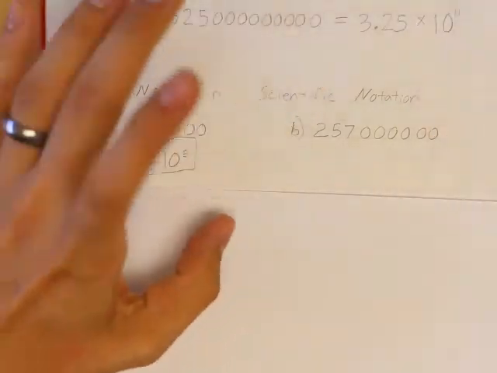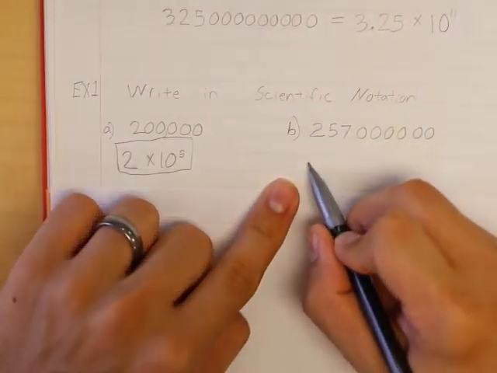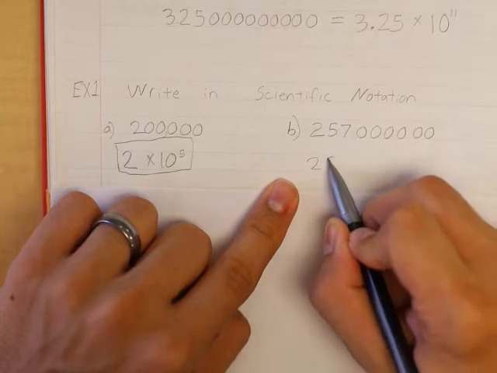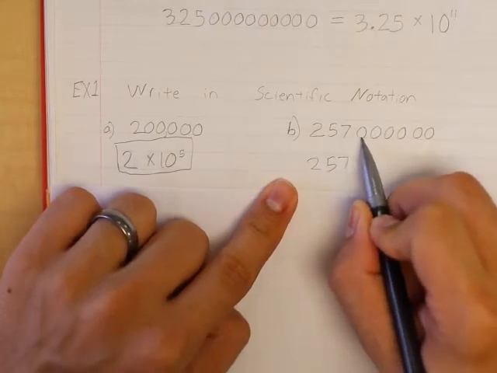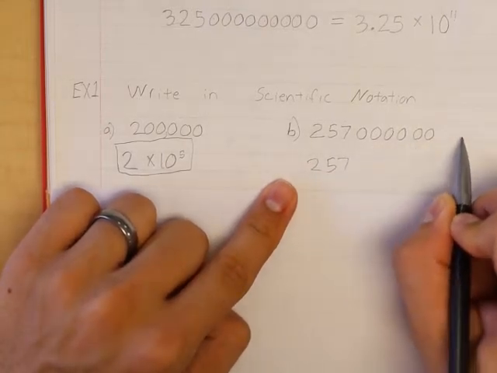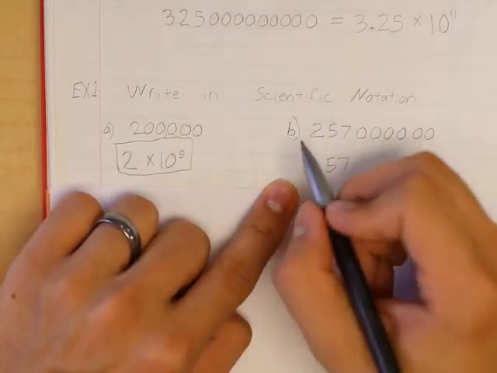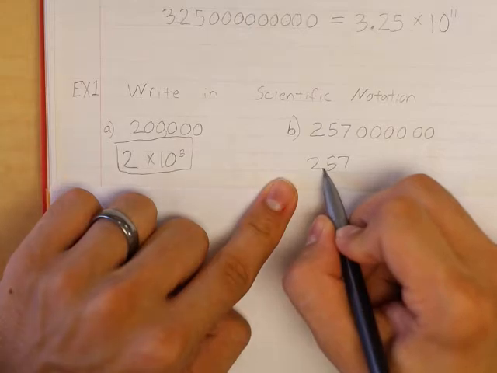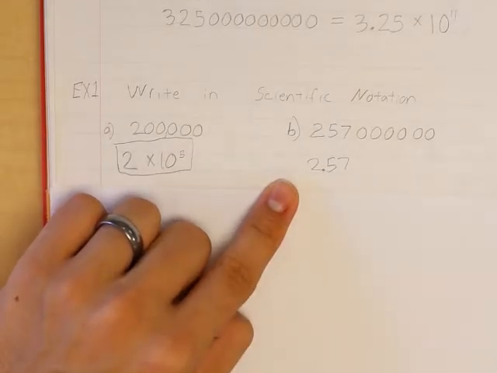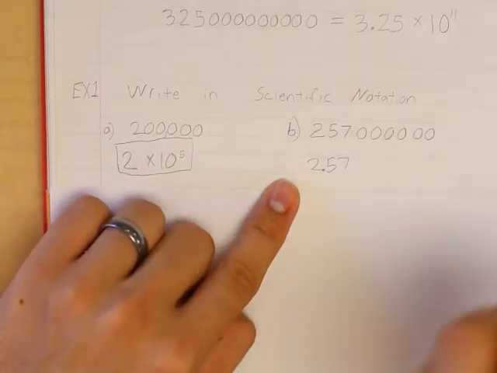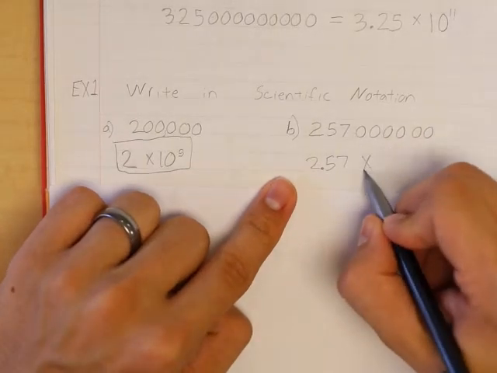All right. So we copy down, like I said, all of the numbers until you get to this big group of zeros that goes all the way to the end. The decimal, we must include a decimal, goes right behind the first number, like so. Okay? We then put times what?